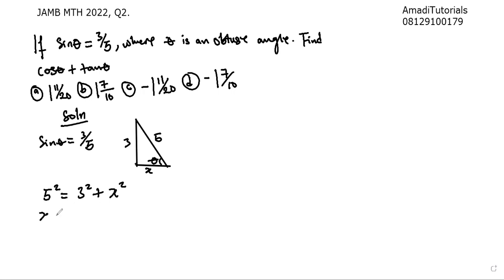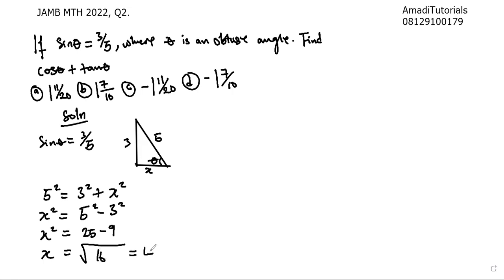So if you make x squared the subject of the formula, it will be 5 squared minus 3 squared. So x squared equals 25 minus 9. So x equals the square root of 25 minus 9, which is 16. The square root of 16 equals 4. So that means this adjacent side equals 4.